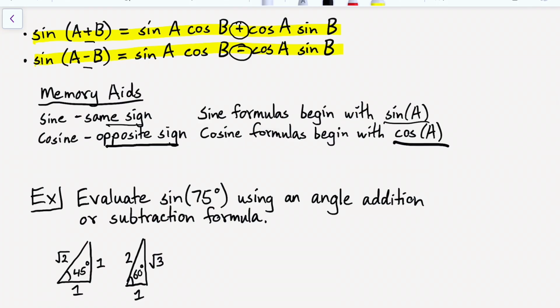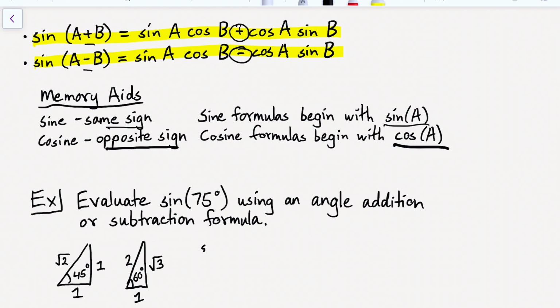These formulas now allow us to evaluate angle measures beyond multiples of 45, 30, or 60 degrees. For example, I can evaluate sine of 75 degrees using angle addition by writing 75 degrees in this way.